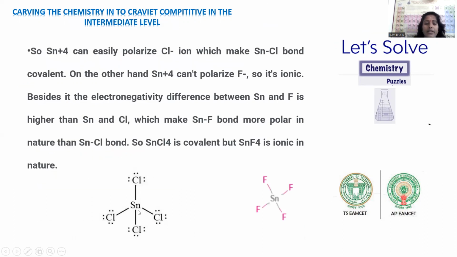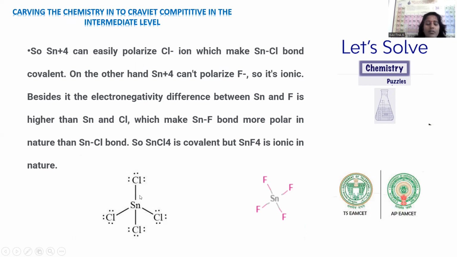So let's compare tin tetrachloride and tin tetrafluoride. In tin tetrachloride, chlorine is less electronegative compared to fluorine, so the bond polarity is least. Here the bond polarity is larger in the case of tin and fluorine. Fluorine, being more electronegative, drags electrons more strongly towards the fluorine atom, so you can ascribe the ionic nature to transfer of electrons rather than mutual sharing.